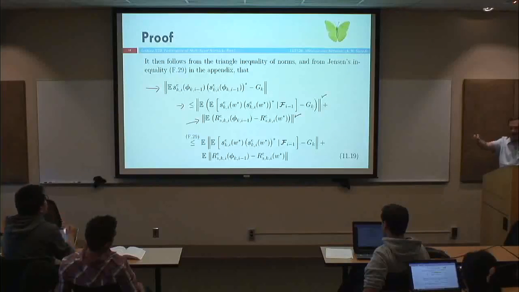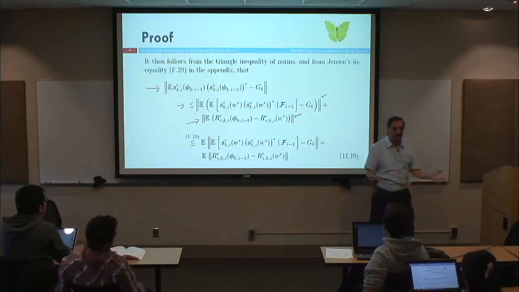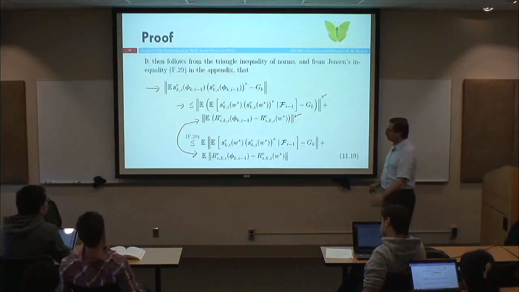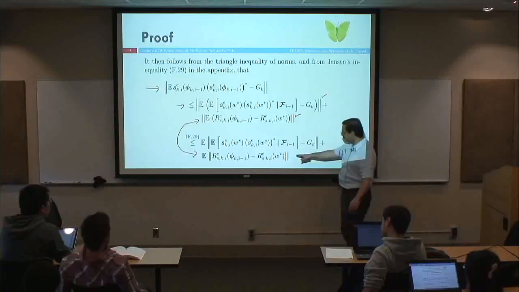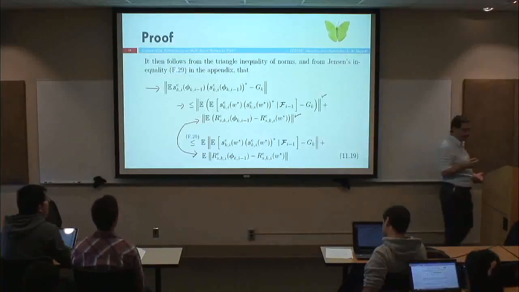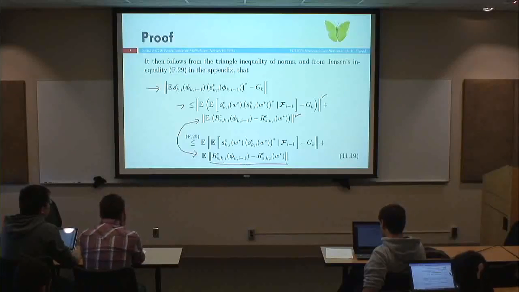The norm of an expected value is upper bounded by the expected value of the norm. So that's what I did in going from this to that. That's all. Very good. But this one, I know that it is bounded, from the smoothness condition.